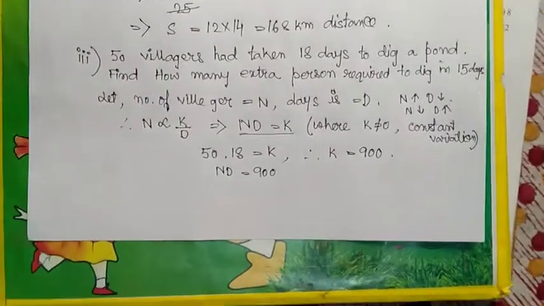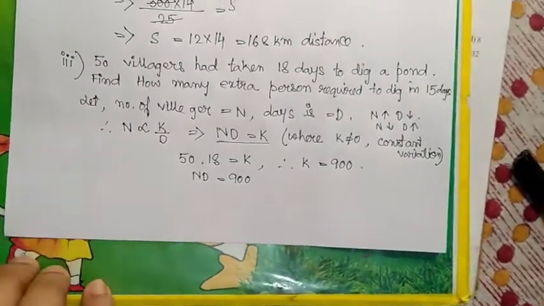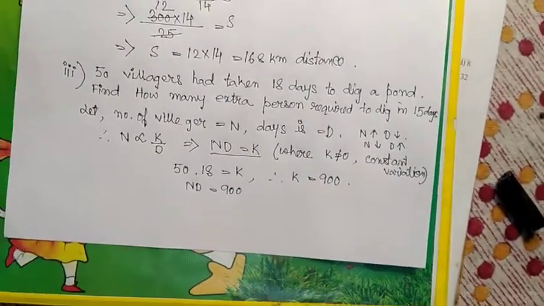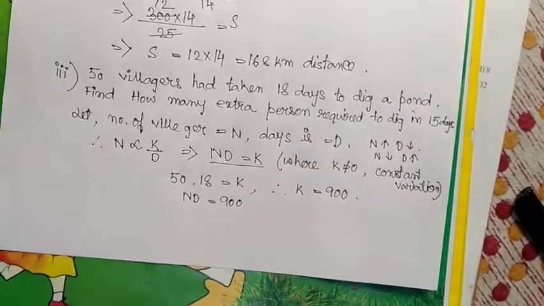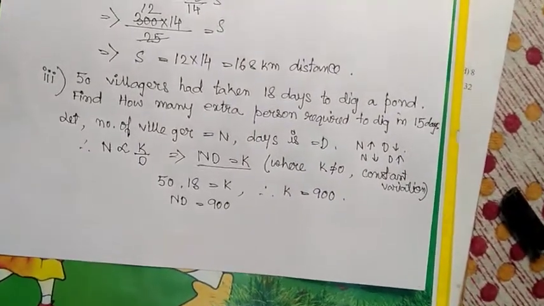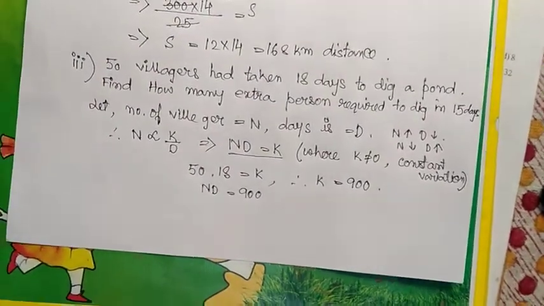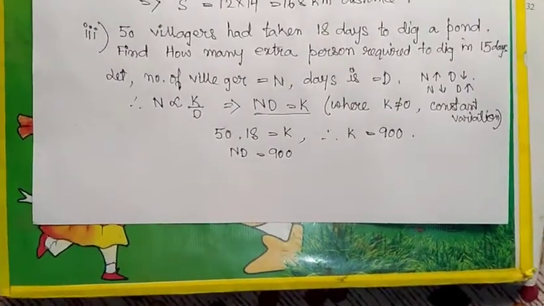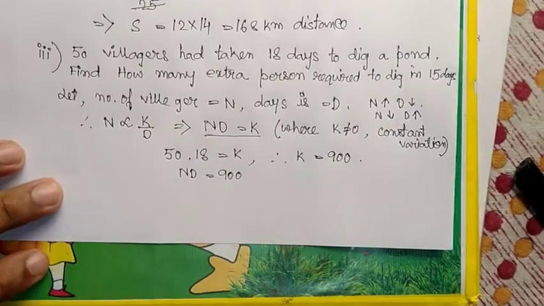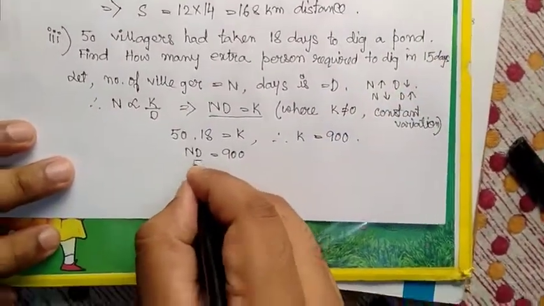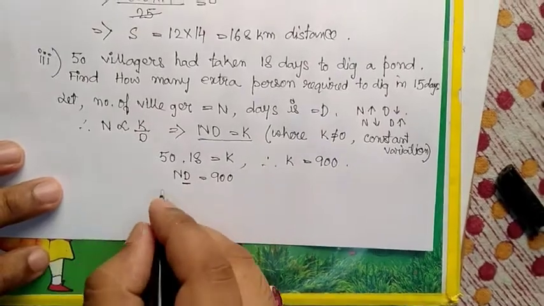After that, the question is, find how many extra persons are required to dig in 15 days. So first of all, we have to find out how many persons are required to dig in 15 days, and after that we find out the extra persons. So therefore, D is 15 here.